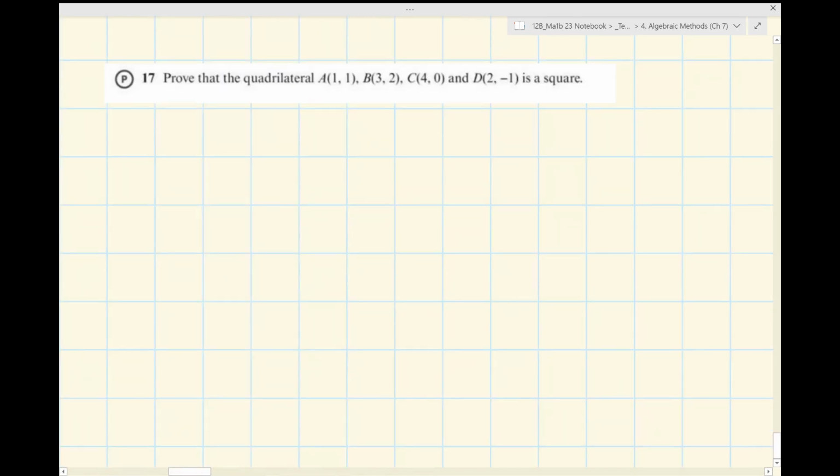Question 17. I've got 4 points here, which are the vertices of a quadrilateral, and I need to prove that the quadrilateral is a square. So one of the sides is obviously going to be AB. One of the sides is BC.